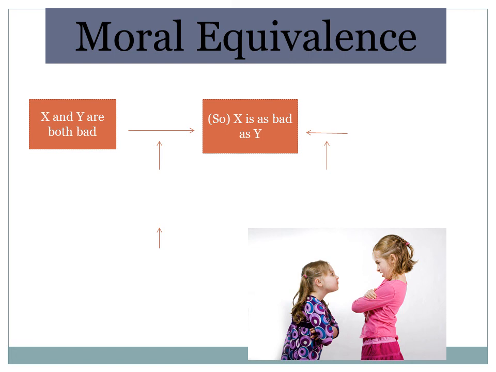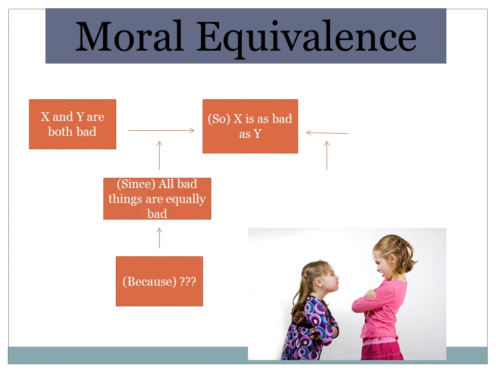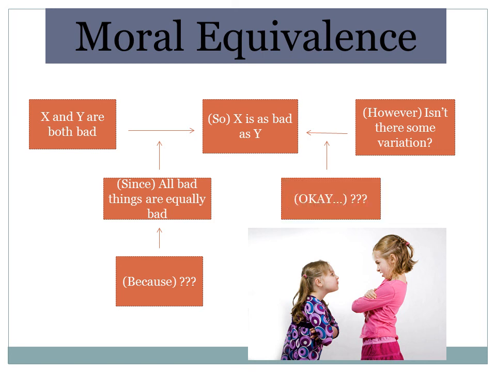And the evidence that they are going to present is that thing X is bad and thing Y is bad. The warrant of the argument when it comes to moral equivalence is that all bad things are equally bad, which is very difficult to support. And you should challenge that by saying, well, isn't there some variation in how bad things are, which is a difficult thing to qualify.